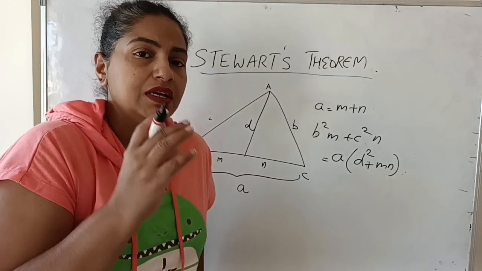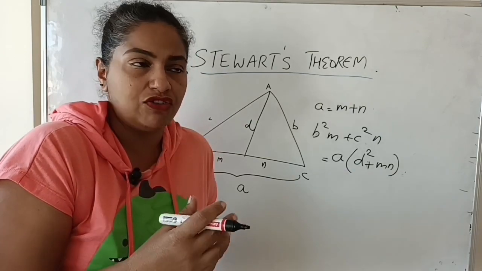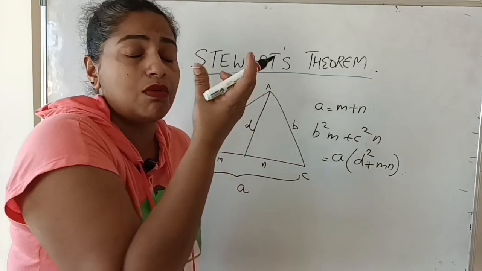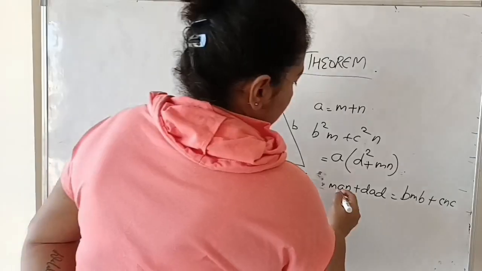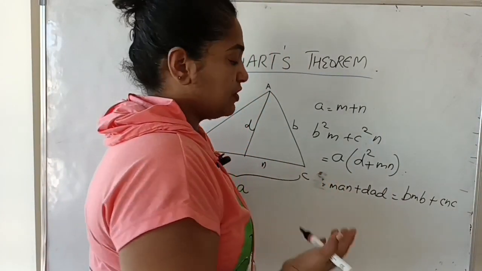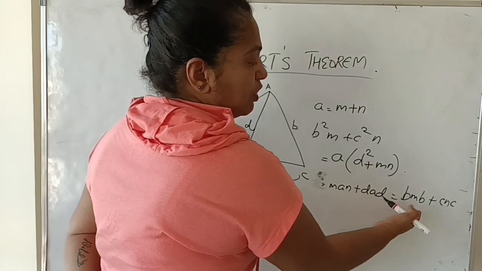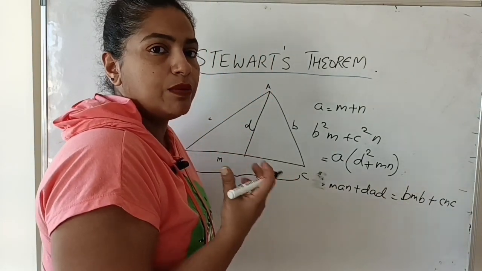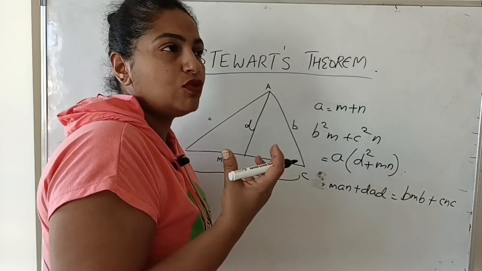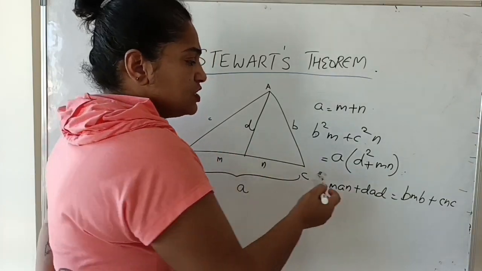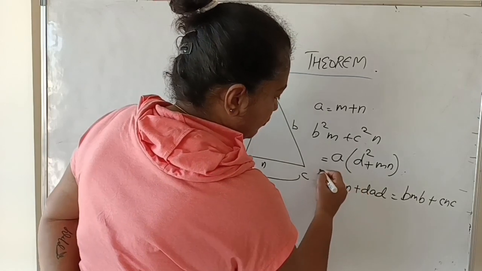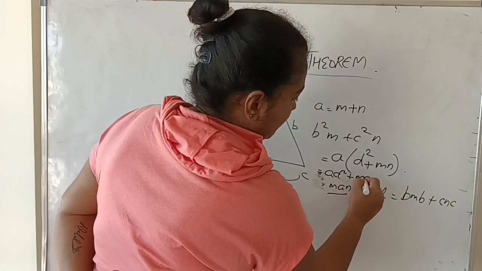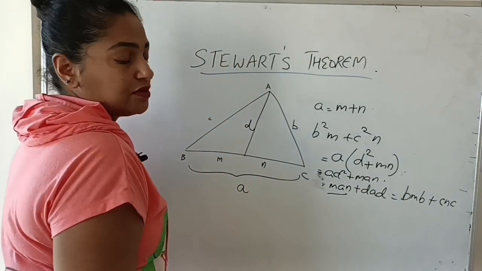A little long theorem. Now there is a mnemonic which is mentioned. If you Google it, you can find there is a mnemonic that they use to remember this theorem very easily. This is a mnemonic that I have come across. Man plus dad is equal to bomb plus sink. Basically, a man and his dad put a bomb in the sink. So that is what they use as a mnemonic for this. So when you open this bracket, a into d square plus mn: man, dad. Correct.